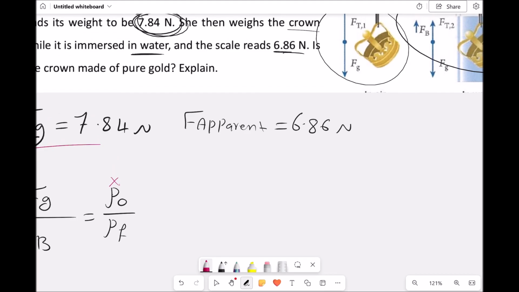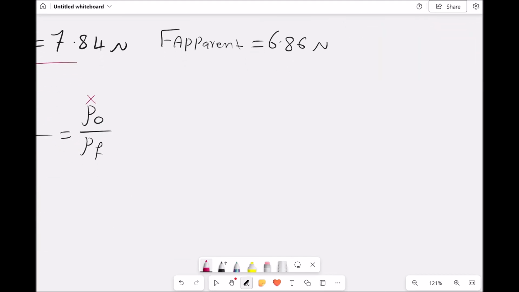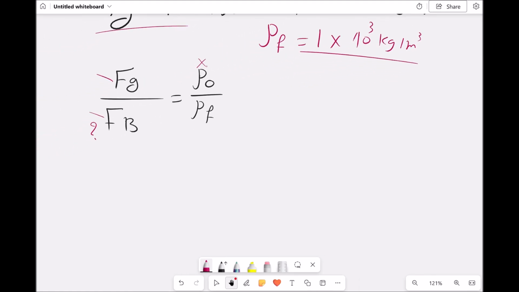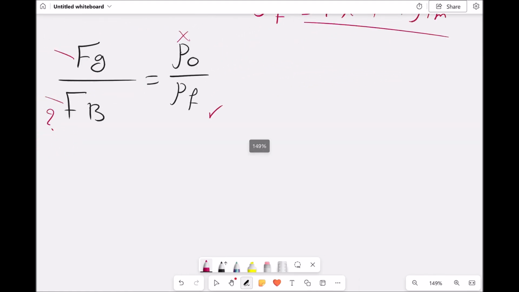It says water, so I have it. Rho fluid is equal to 1 times 10 to the power of 3 kilogram per meter cubed. This is the density of water, since the crown is immersed in water. And I have this one too, guys.